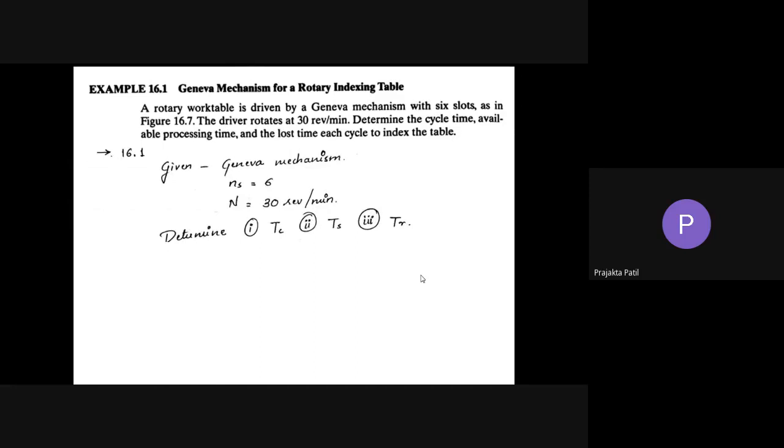Given that it is a Geneva mechanism, n subscript s, that is number of slots, is equal to 6. Capital N value is given, that is 30 revolutions per minute. The driver rotates at 30 revolutions per minute. What you have to find? You have to find out what is the cycle time Tc, what is the processing time Ts, and what is the indexing time, that is Tr. So we have equations for all of this. You can just take the equations and start solving the problem.